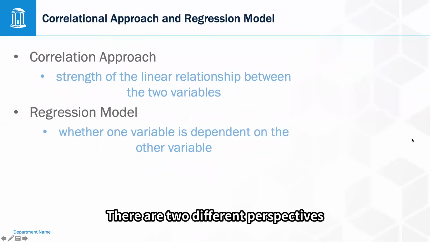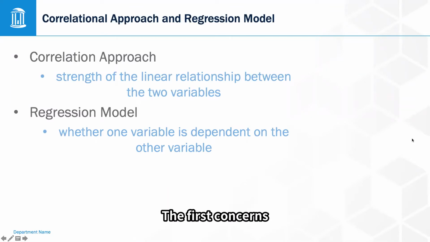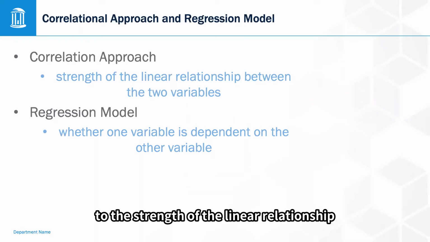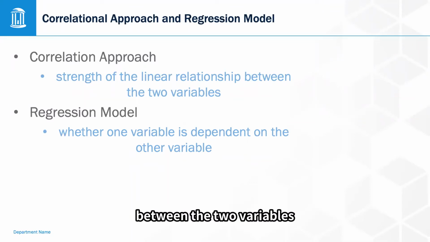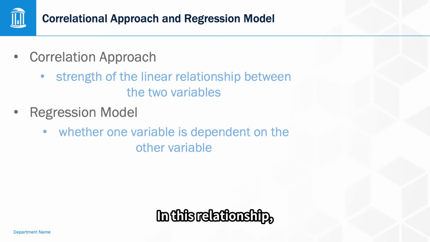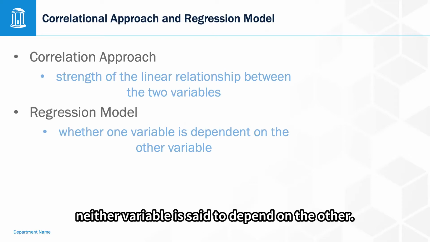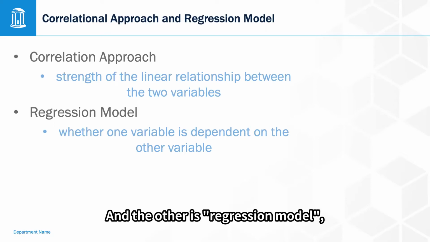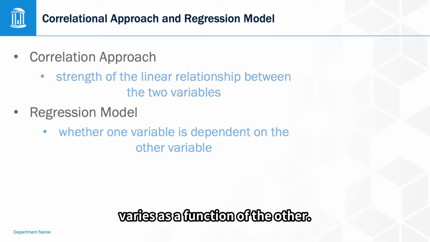There are two different perspectives that you will need to pay attention to. The first concerns the strength of the linear relationship between the two variables, which we call the correlational approach. In this relationship, neither variable is said to depend on the other. The other is the regression model, which talks about how one variable varies as a function of the other.